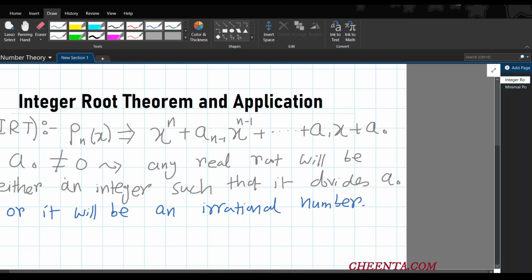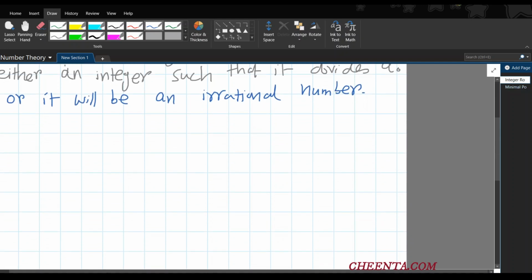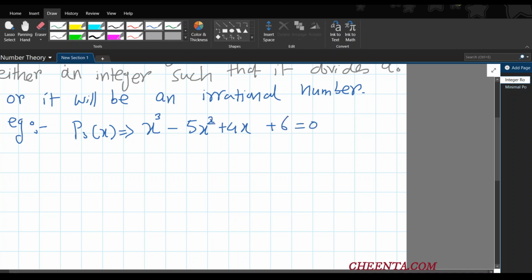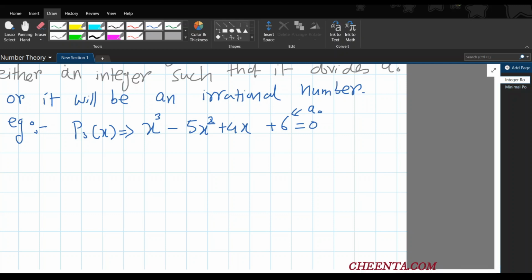Let me give you an example so you can understand. As an example, let's take a random equation. I will take a cubic equation of x. My polynomial will be x cubed minus 5x squared plus 4x plus 6 equals 0. Here a_0 is not equal to 0, and a_n, that is a_3, is 1, so it does satisfy the structure of the polynomial, and I have to find the root.